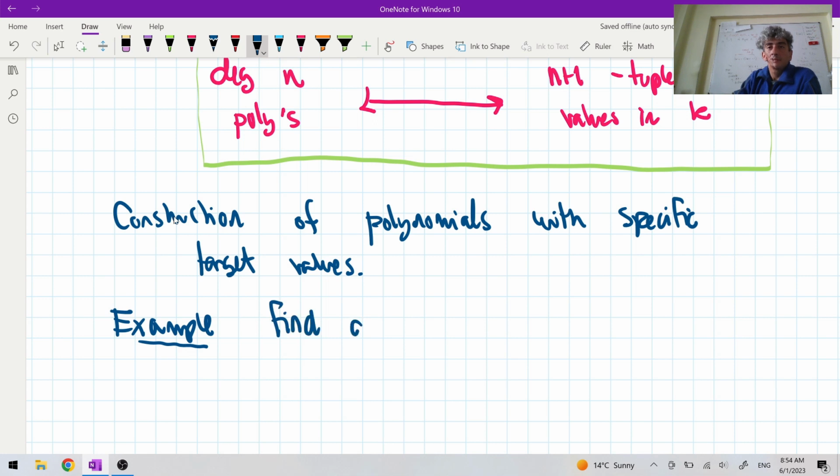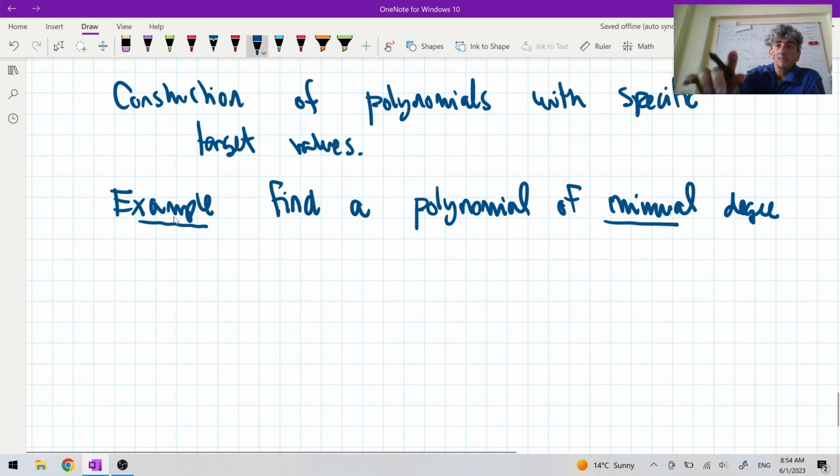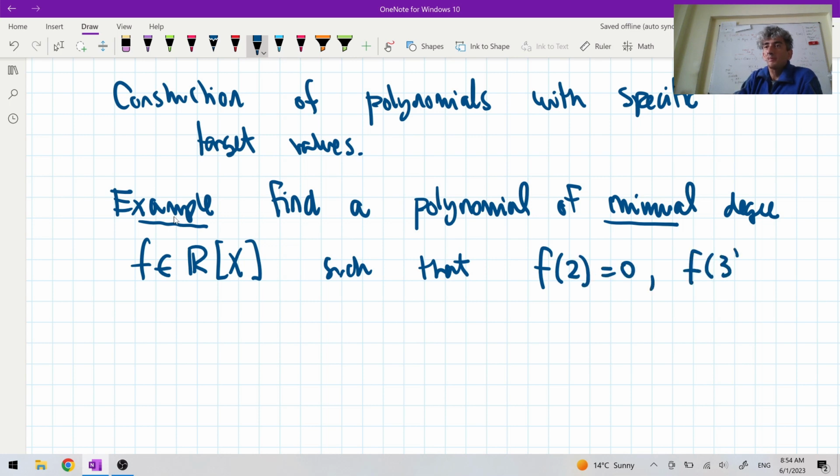Find a polynomial of minimal degree, this is the least possible degree, with coefficients in R such that f(2) equals 0, f(3) equals 0.